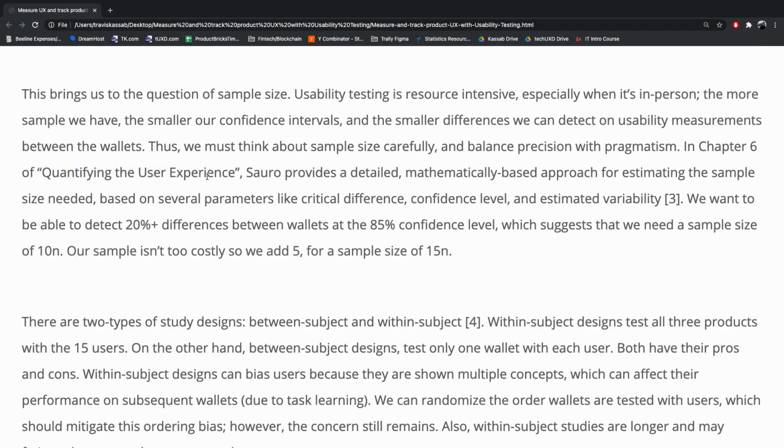And I won't go into detail about how this is done, but Jeff Sauro writes a really comprehensive, thorough explanation for how to do this in his book, Quantifying the User Experience, another great resource for what we're doing. Anyway, long story short, in order to get the precision that we need, we're going to use a sample size of 15, 15 users.